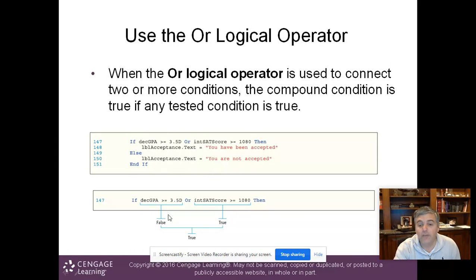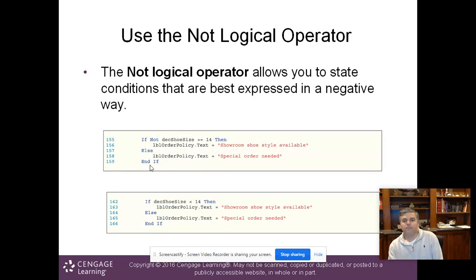So if either of these is true, then the overall if statement gets evaluated to true. That's the difference between our ands and our ors. You may have some examples in the code to use this, so it's important to know that this is available and how to use them.